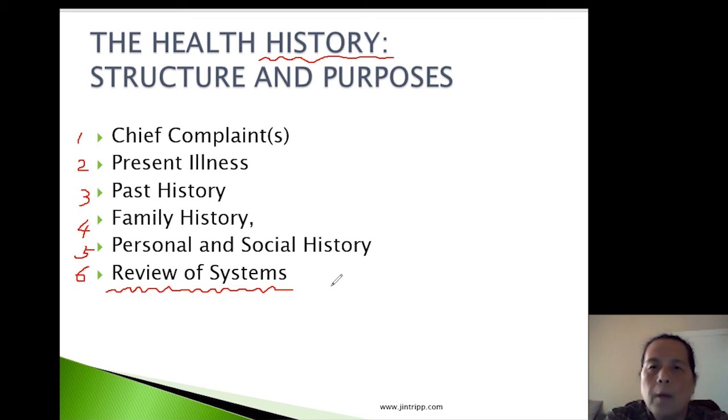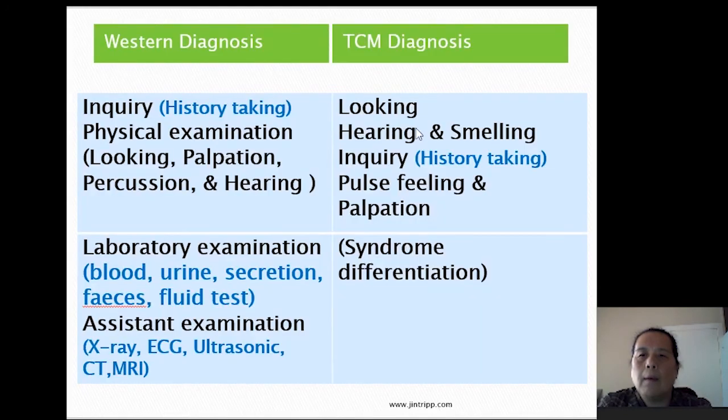So remember, history taking is just asking questions. Basically Western diagnosis includes two big parts. One big part is asking questions. The second big part is the physical examinations. So for asking questions, we finish here.